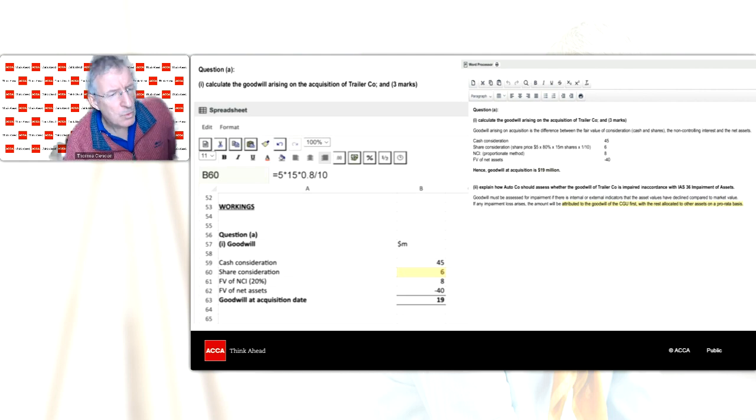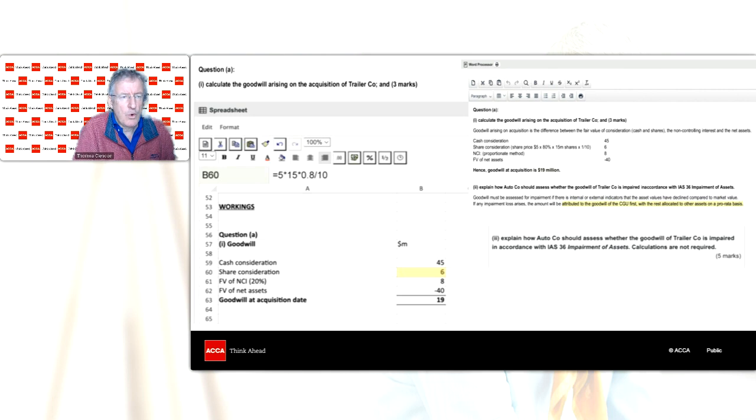Now, what the candidate has done on the right-hand side is produced an answer. And remember, that requirement was for 5 marks. Goodwill must be assessed for impairment if the internal or external indicators that an asset have declined compared to market value.